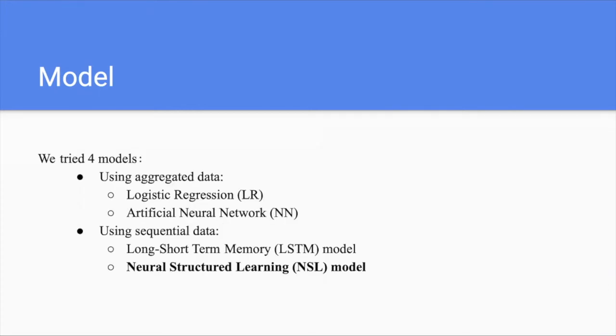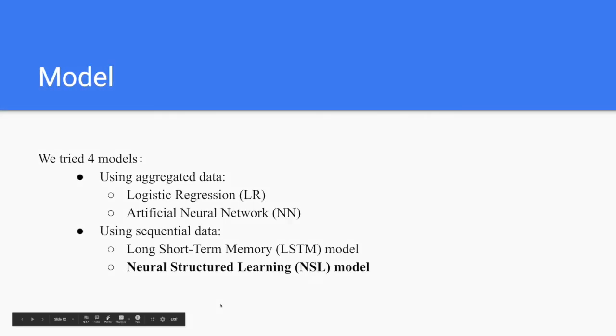Besides the neural structured learning model, we also tried 3 other models for result comparison, where the logistic regression and artificial neural network models used the aggregated data as input. And on the other hand, the LSTM and NSL models use the sequential data as input.